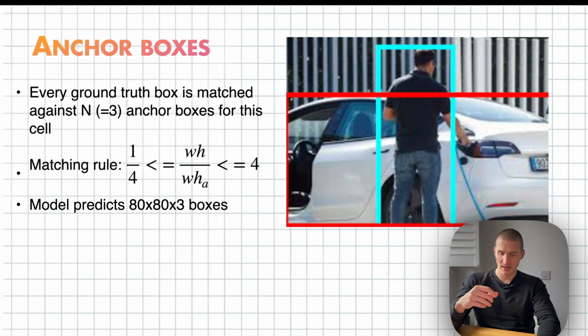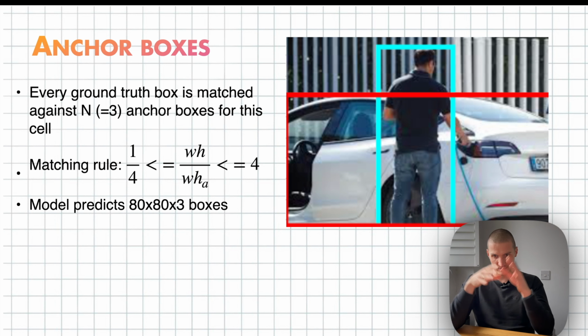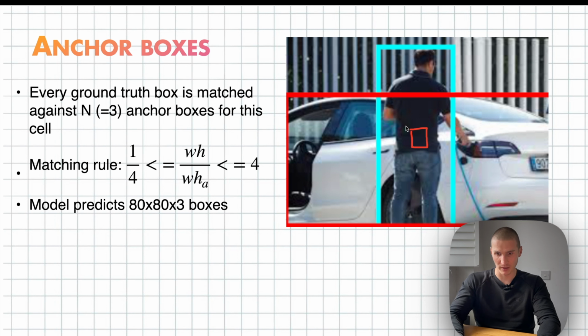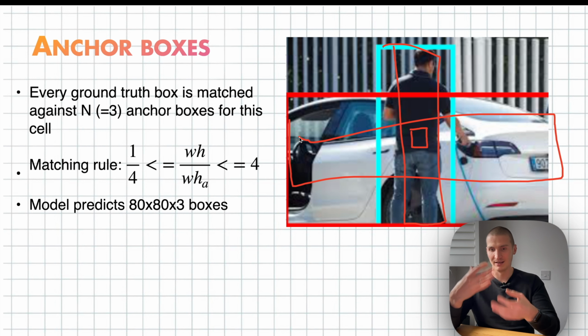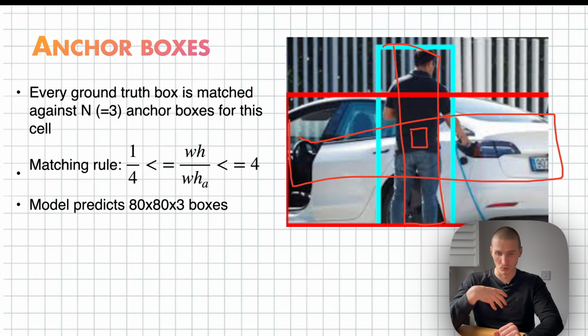In addition, it allows the predictions to specialize. So we might have a head in the model that focuses mostly on quite big, tall objects, and another head that focuses on wide objects, and that allows them to specialize more and to train with higher accuracy.